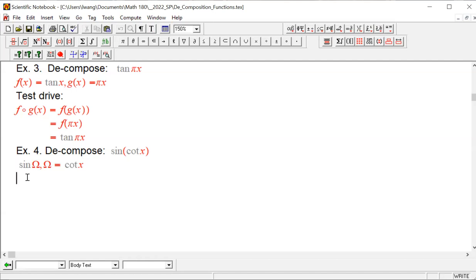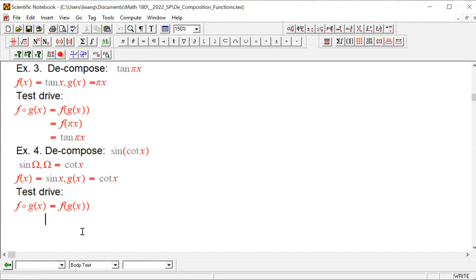So if I introduce f of x equals sine of x and g of x equals cotangent of x, we will make it. Okay, so let's test drive it. f composite g. Will that produce the function we're given?